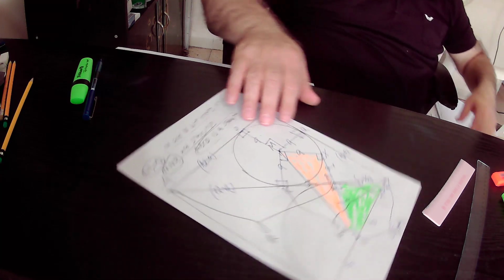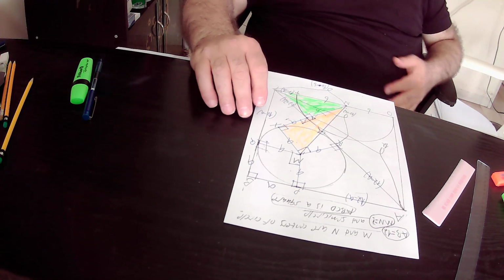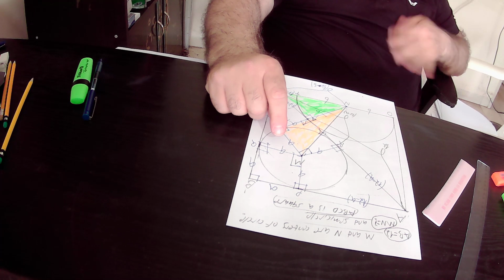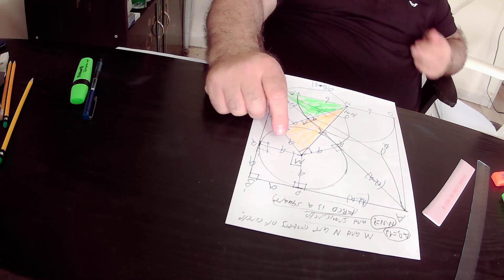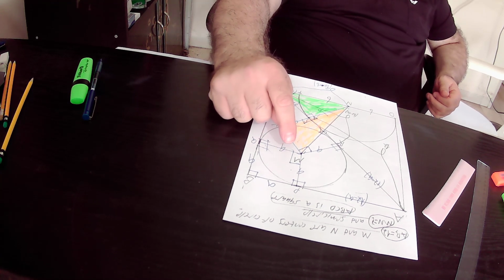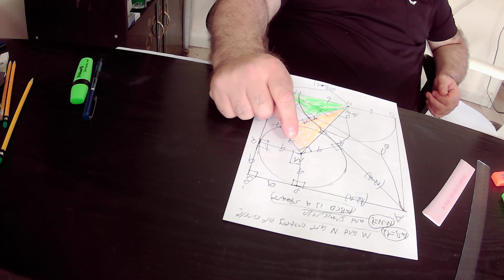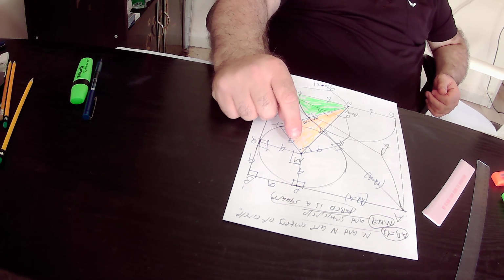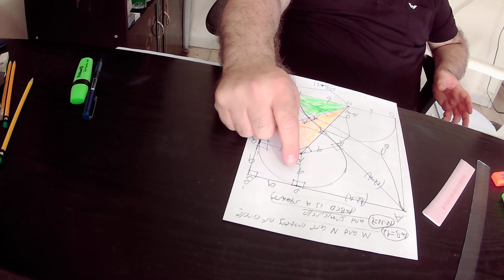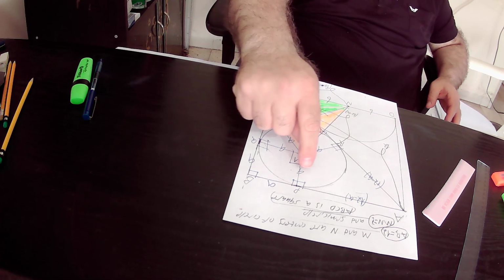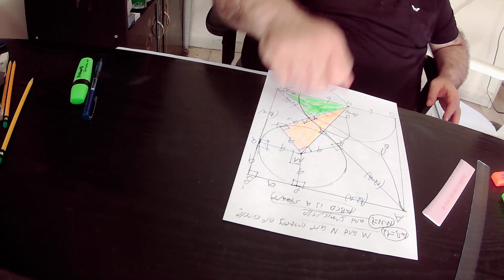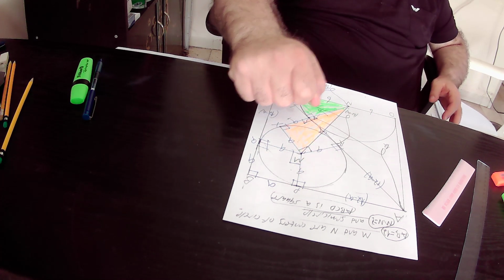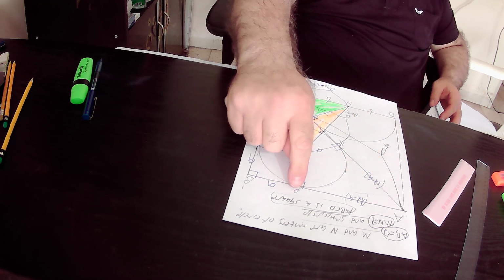Here we join points M and P together by a straight line. PM is the radius of this circle, and the radius PM is drawn to the point of tangency, that is to say it is drawn to point B, that is the point of tangency of tangent AB with this circle, and whenever we have a radius that is drawn to the point of tangency, then the tangent will be perpendicular to that radius.